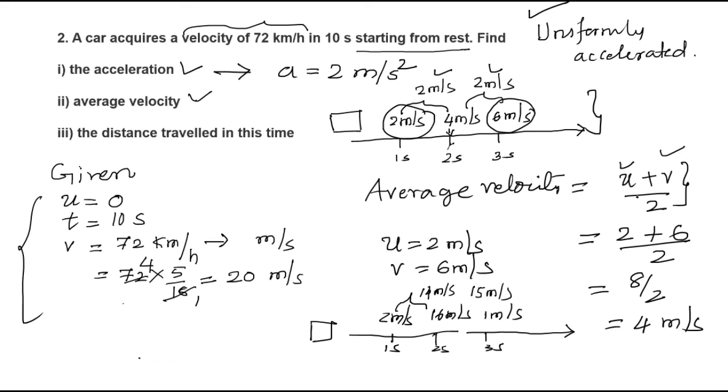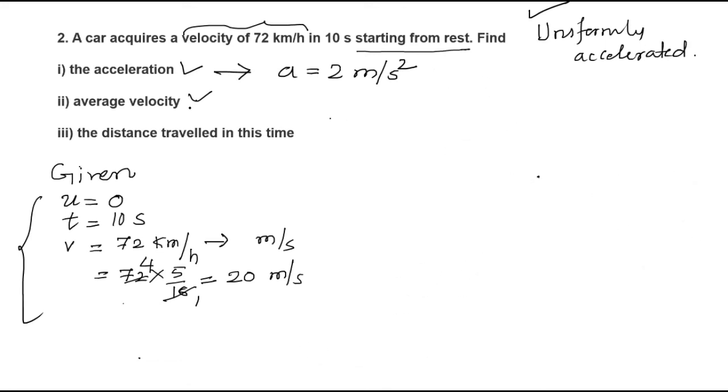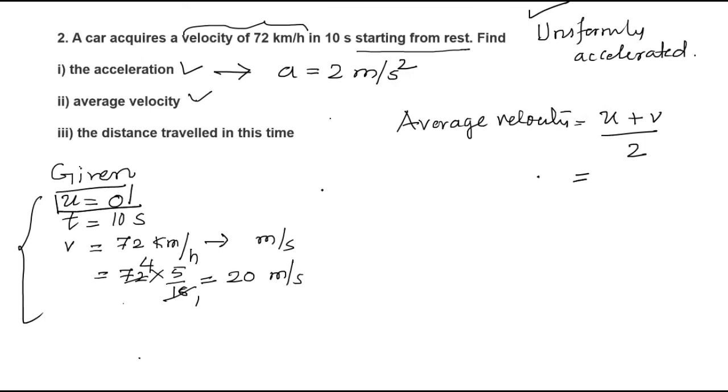And what is that equation? u plus v divided by 2, and we are going to use that now. Let me rub our board again. So average velocity is equal to initial velocity plus final velocity divided by 2, because it's a uniformly accelerated motion. Here the initial velocity is 0 plus the final velocity is 20 meter per second, that is 20 divided by 2, which is equal to 10.